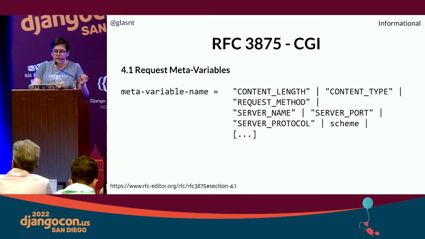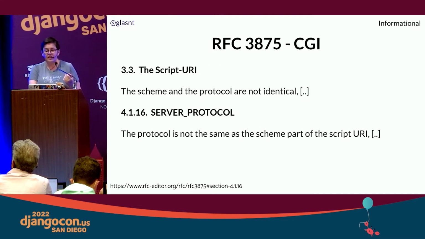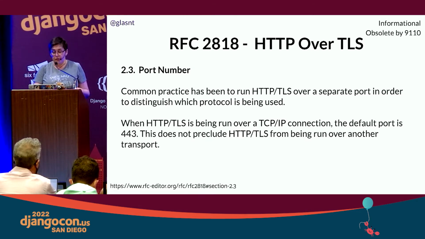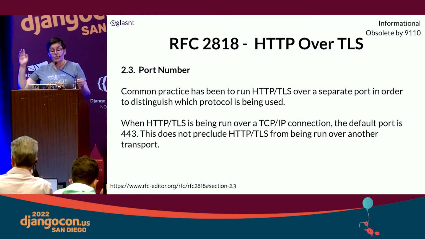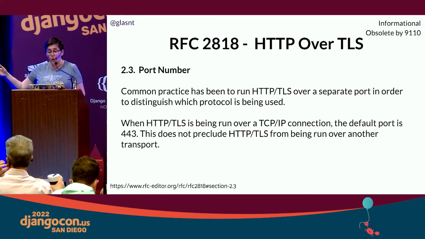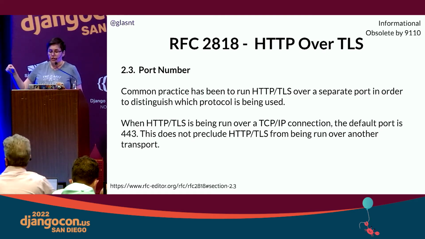The scheme is what we're after, but what does the RFC say about that? Well, it says a few things. In different sections, it notes the conflation between the protocol the server communicates with, the scheme the server uses, and the port the server operates on. From RFC 2818, HTTP over TLS: common practice has been to run HTTP over TLS on a separate port in order to distinguish which protocol is being used.